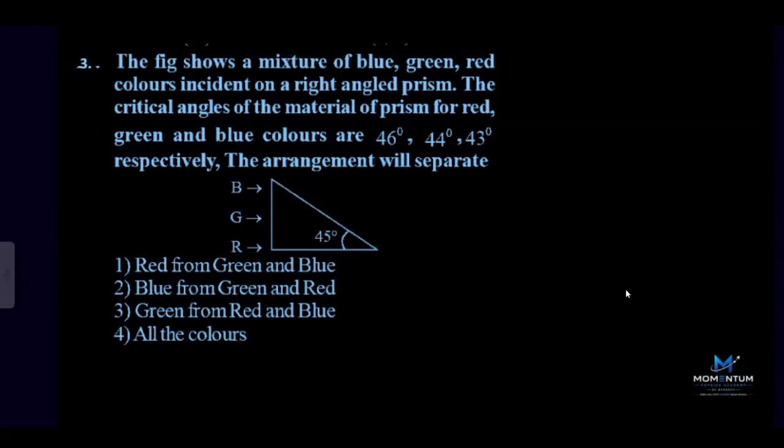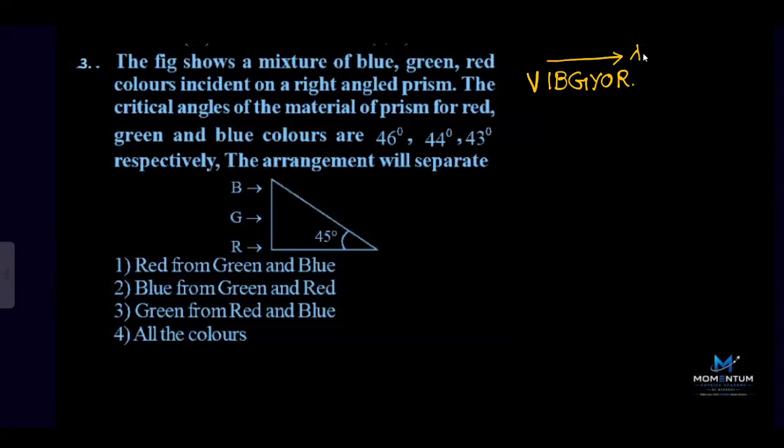So first of all, we know the visible light is VIBGYOR. As we move towards red, what happens to the wavelength?